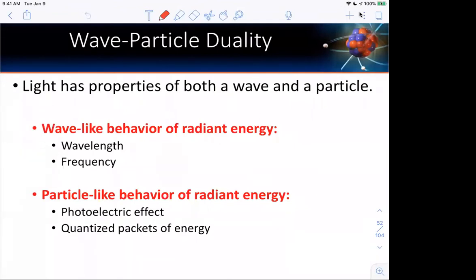They exhibited the photoelectric effect, which means that I have these quantized packets of energy that are being emitted when I excite an electron and then have it decay. So we know that light has both wave and particle properties. This is called the wave-particle duality. So light exhibits these wave-like and these particle-like behaviors.